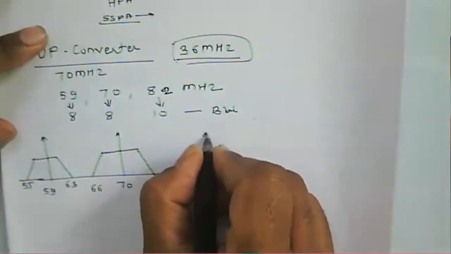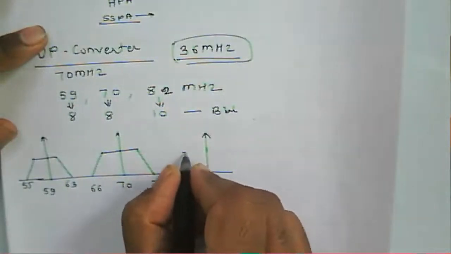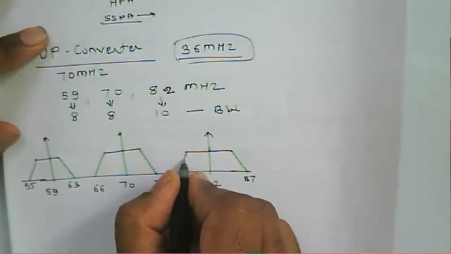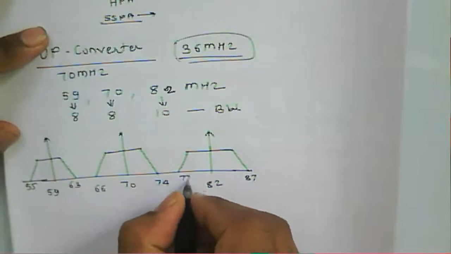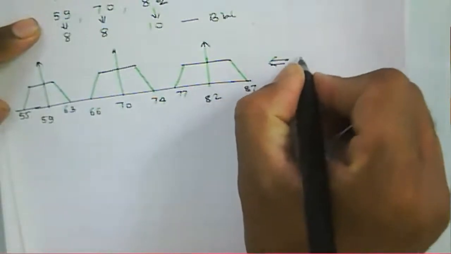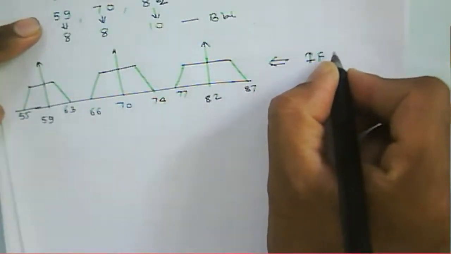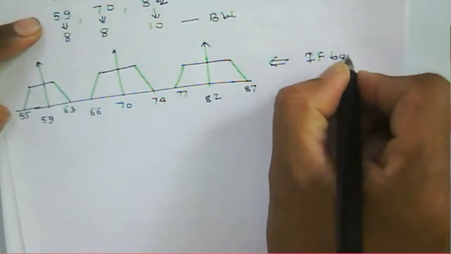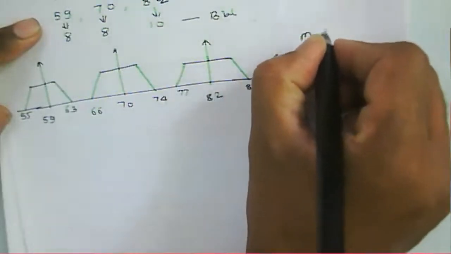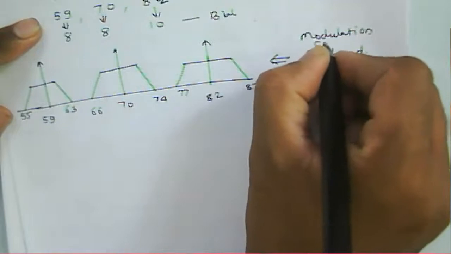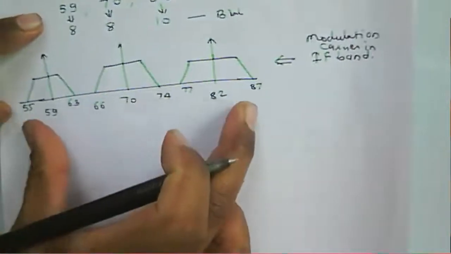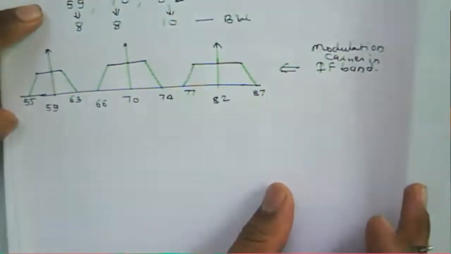Another carrier is about 82: 82 plus 5 is 87, and 82 minus 5 is 77. Now this is about what? We have modulated carriers in the IF band. Now suppose this signal is to be up converted.